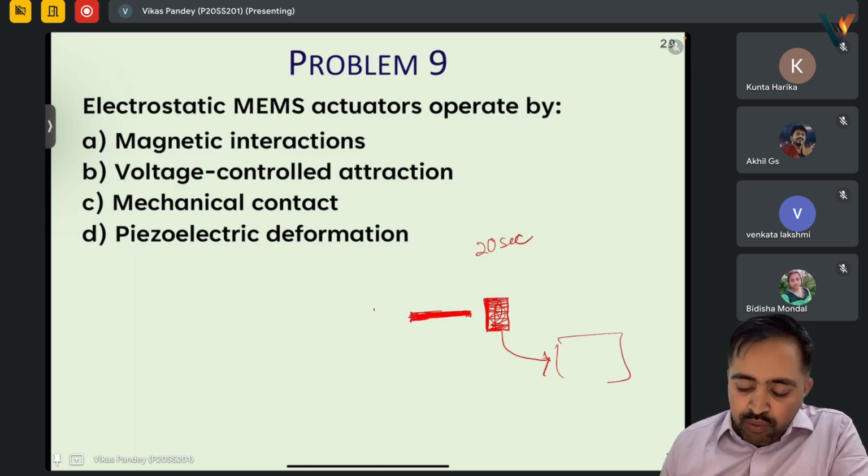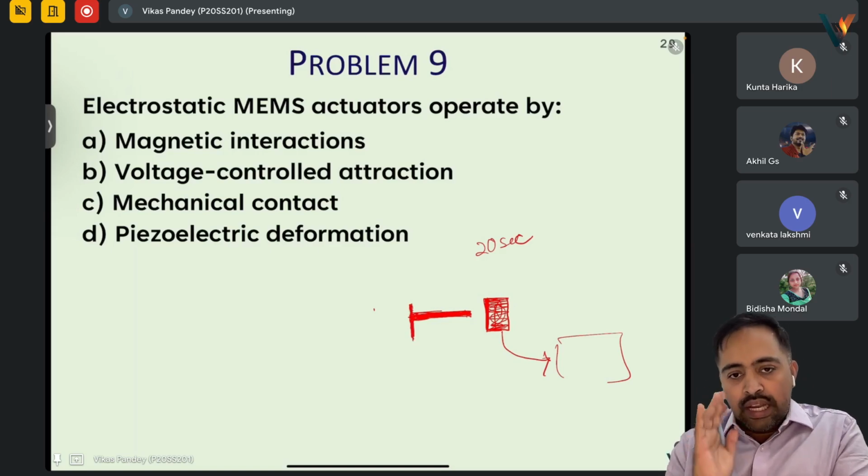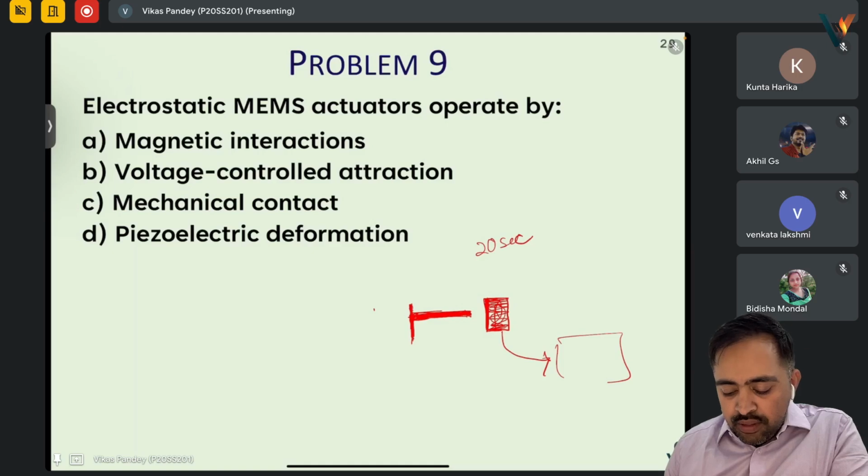What we are doing is that we have put a plate over it. This is a cantilever kind of structure which is movable. It can be brought towards here, and this is a fixed plate.